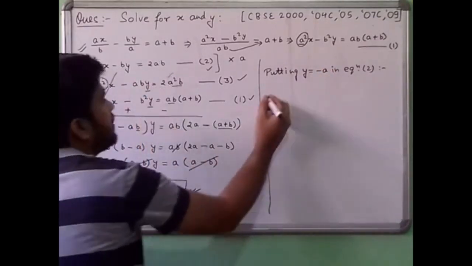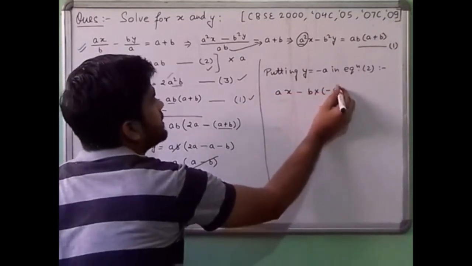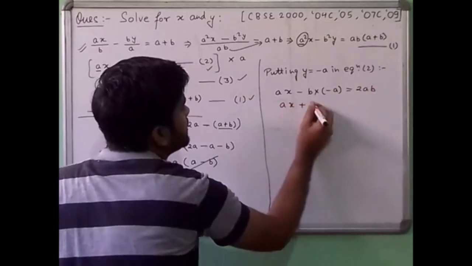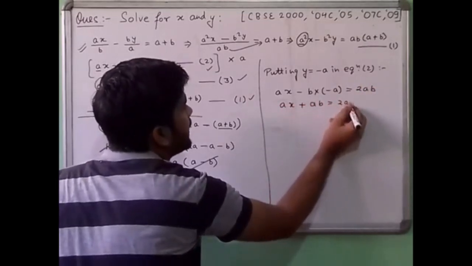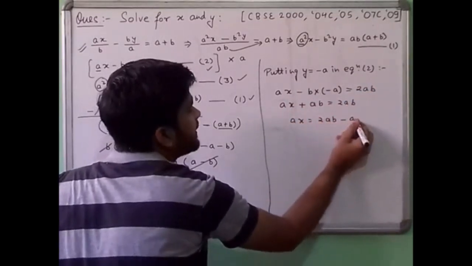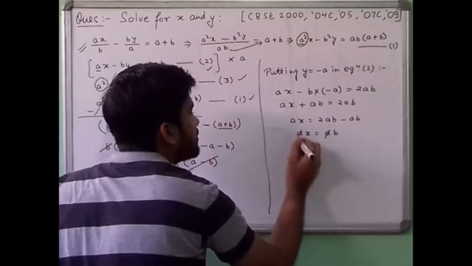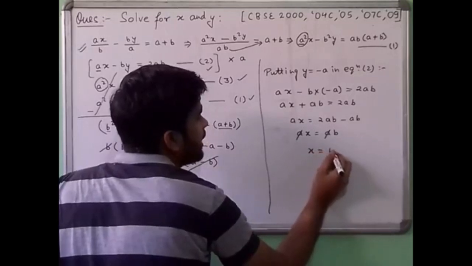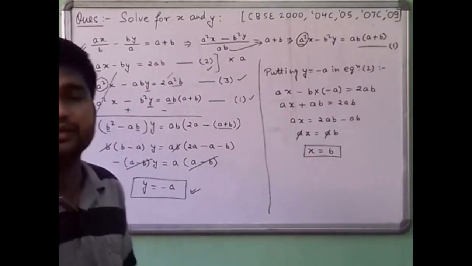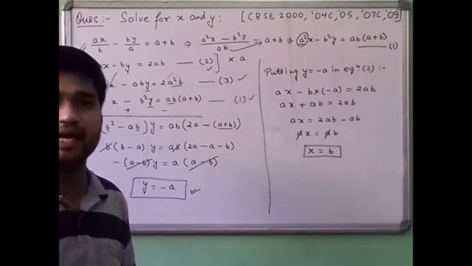So put here ax minus b multiplied by minus a is equal to 2ab. Ax plus ab equal to 2ab. Ax equal to 2ab minus ab. Ax is equal to ab. A cancels out by a, and the value of x is b. Hence the required solution is x equal to b and y is equal to minus a.